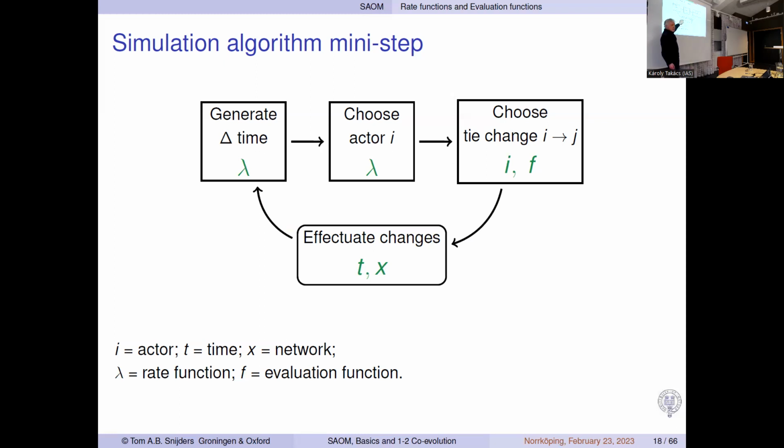This change is put into effect, and then you return to the next mini step. So this is one mini step, and between observations, in regular applications, it is common that actors will make, let's say, 2 to 10 mini steps per actor. So if you've got 50 actors, then you will have hundreds of mini steps to bring you from one observation to the next observation.